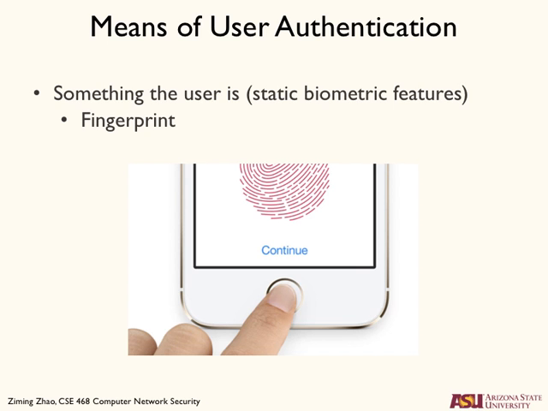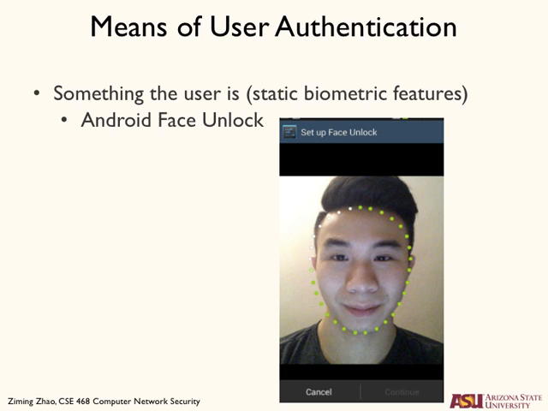So on iPhone, you can use a fingerprint, and on Android, I think they call it face unlock. Basically, you just use your camera, and after registration, they can just unlock your phone by turning on the camera.